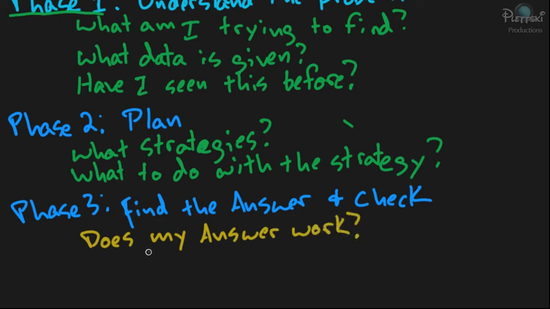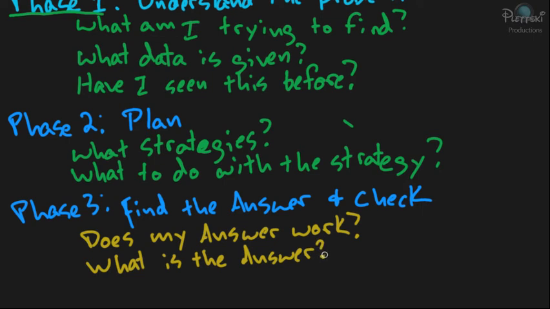This sometimes is the most important step. Once you get to the end, you want to know if the answer you got is the correct one. So what is the answer to the problem? If you can't answer that, then you can't move on to the next problem.